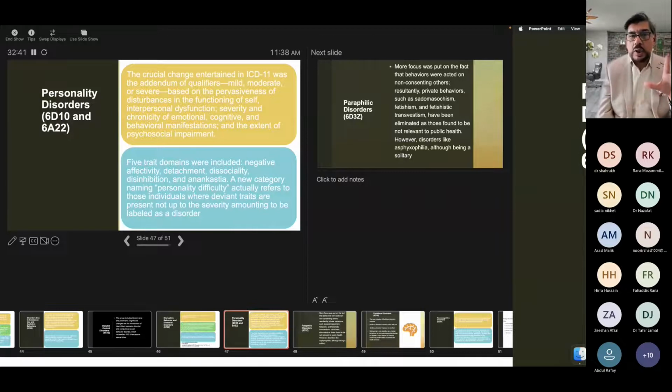And they also gave only 5 personality trait types, dominant trait types, which included negative affectivity, detachment, dissociality, disinhibition, and anankastia. Only 5 types of personality disorders.